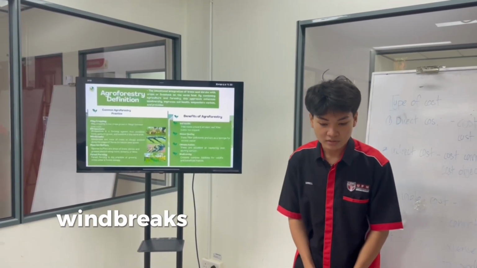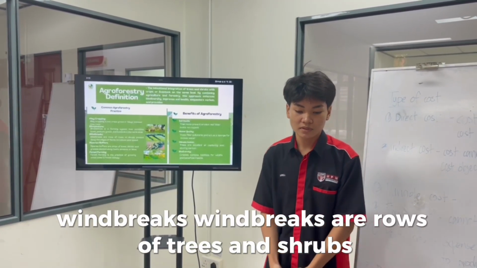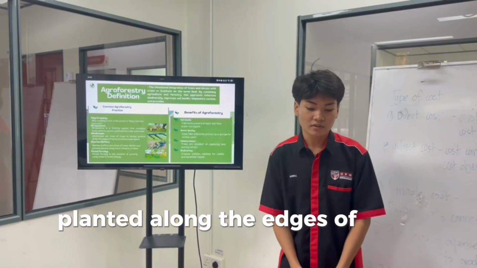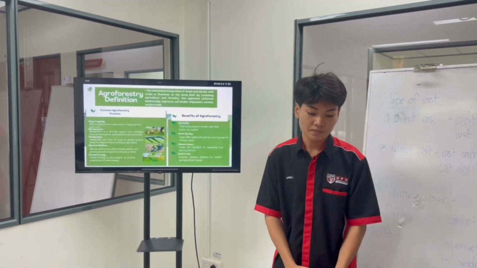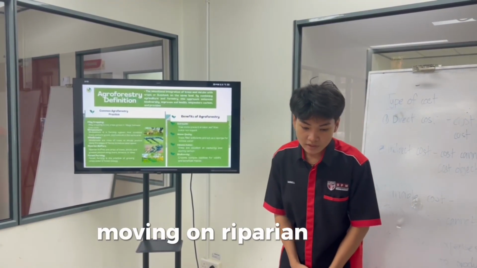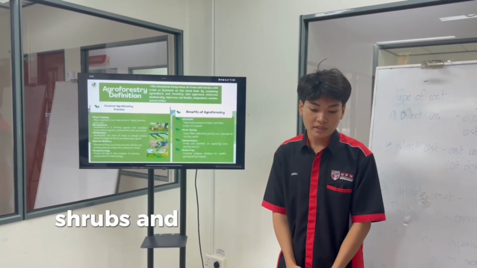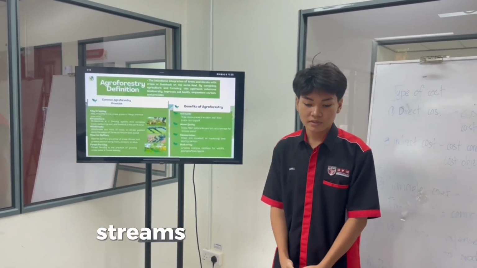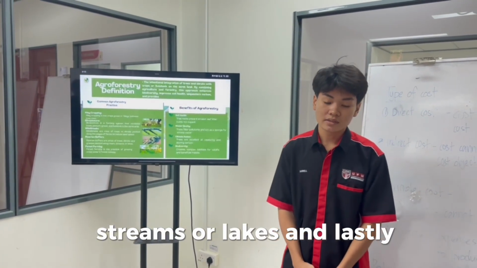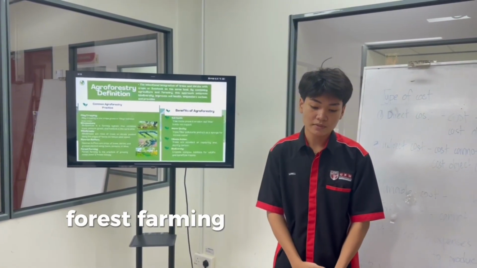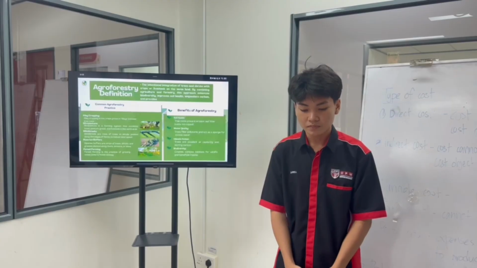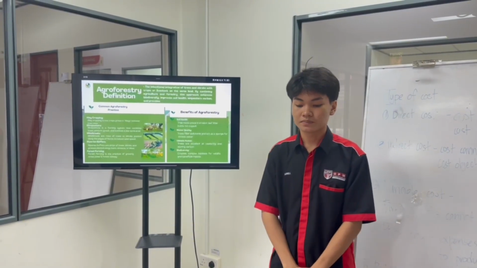Thirdly, windbreaks, which are rows of trees and shrubs planted along the edges of farms to reduce wind speed. Moving on, riparian buffers, strips of trees, shrubs, and grasses planted along rivers, streams, or lakes. And lastly, forest farming, the practice of growing crops under a forest canopy.